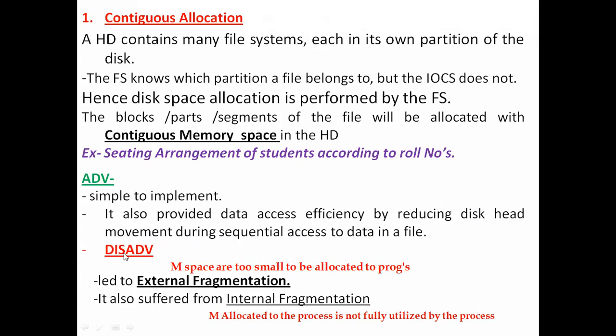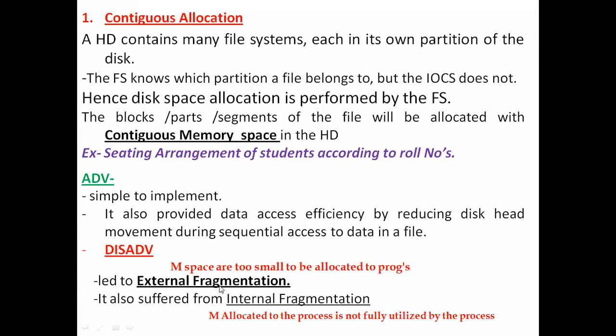The main disadvantage of contiguous allocation of disk space is that it leads to external fragmentation and also internal fragmentation. You can recall what we studied in module 3, memory management. External fragmentation means the memory spaces are too small to be allocated to the programs.